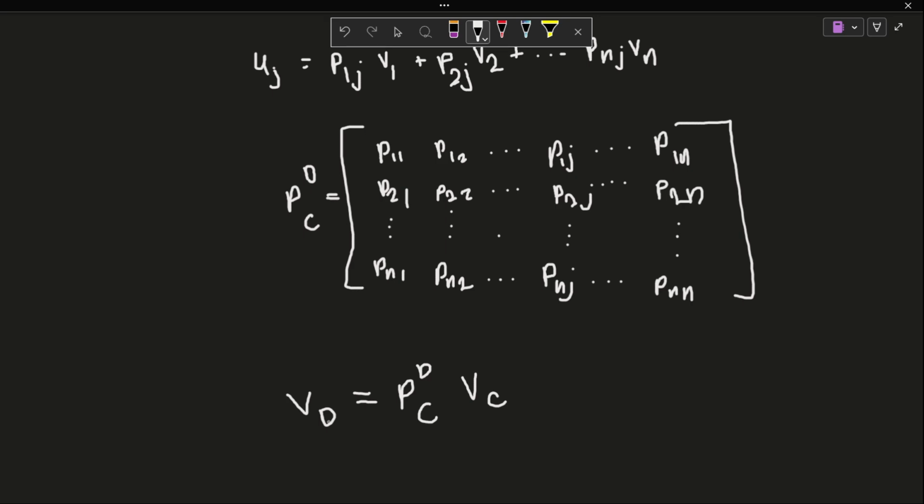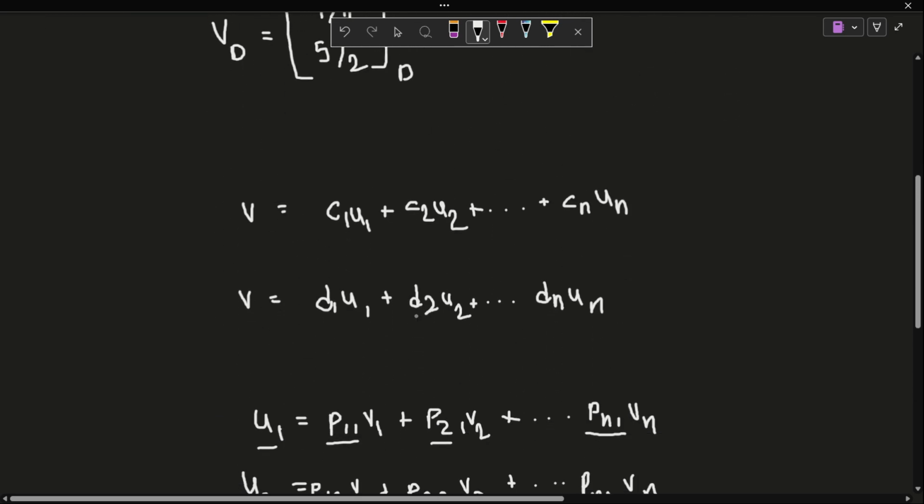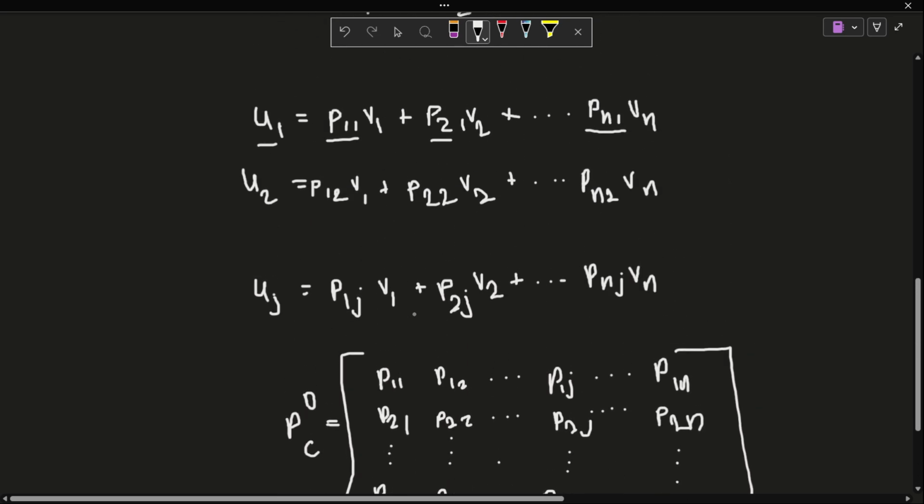That's the main beauty of vectors in linear algebra, that we can mathematically relate them. They're the same vector, just represented differently. So what we can do is take the representations of the bases.